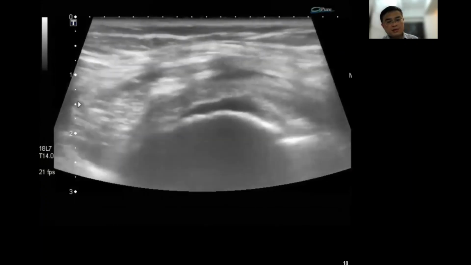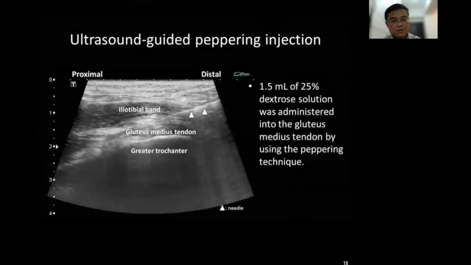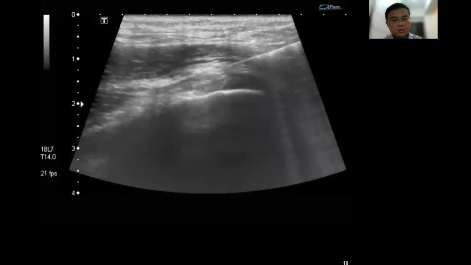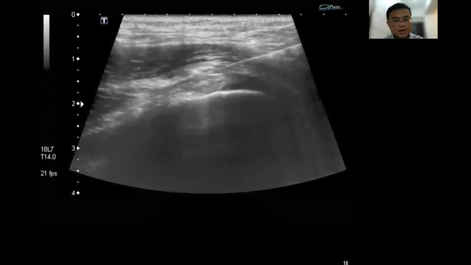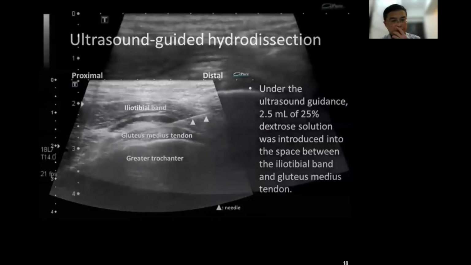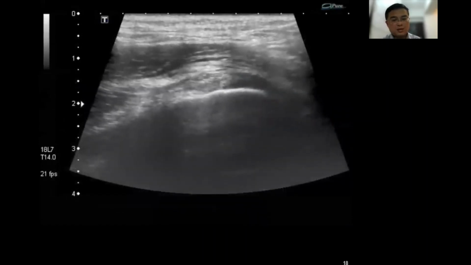So for this case, if you want to relieve the problem, you can insert your needle between the gluteus medius and the iliotibial band of gluteus maximus muscle to dilate this region. And then remember, the reason why the patient has symptoms is because of a swollen gluteus medius tendon. So you have to treat the tendon as well.